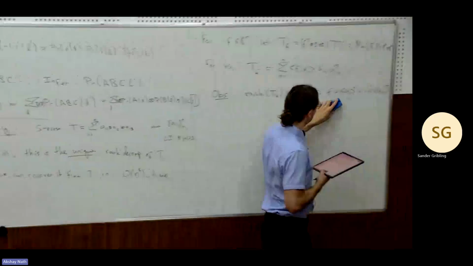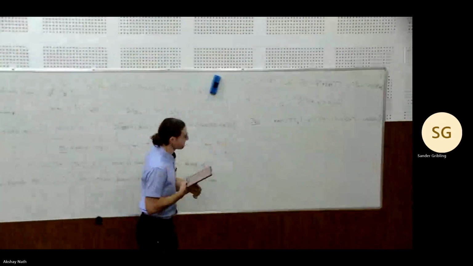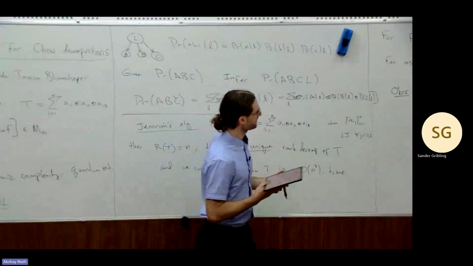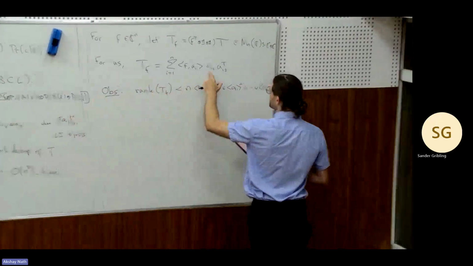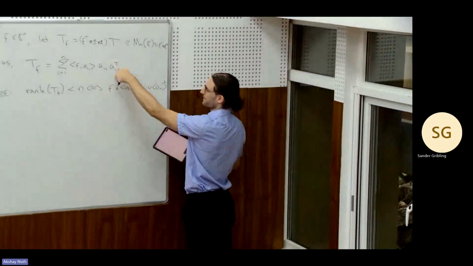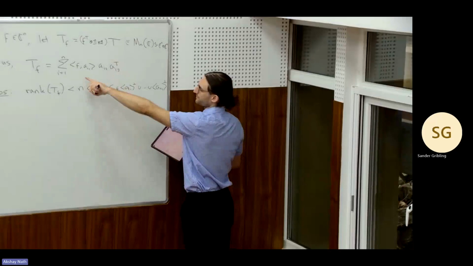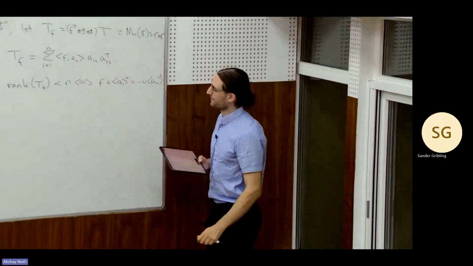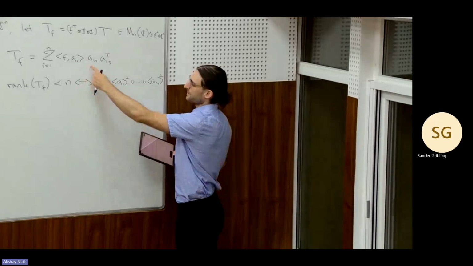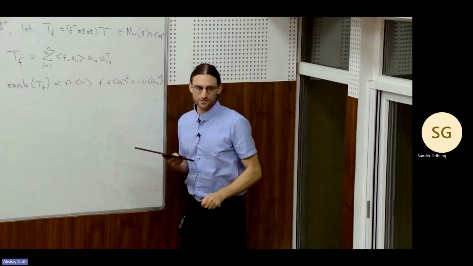This is not hard to see because, for us, we have this assumption that all these a_i2s are linearly independent and all the a_i3s are linearly independent. So if all these inner products were non-zero, then this would be a full rank matrix. The only way it can be not full rank is if one of these inner products is 0.